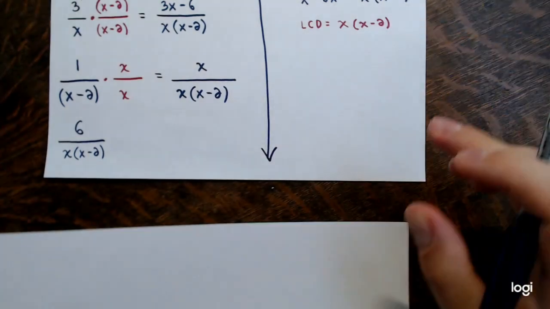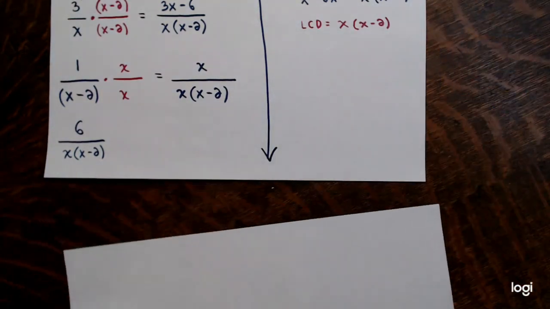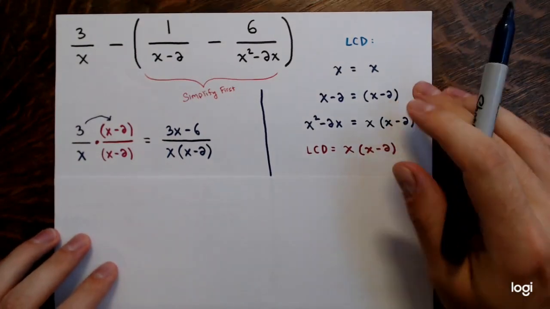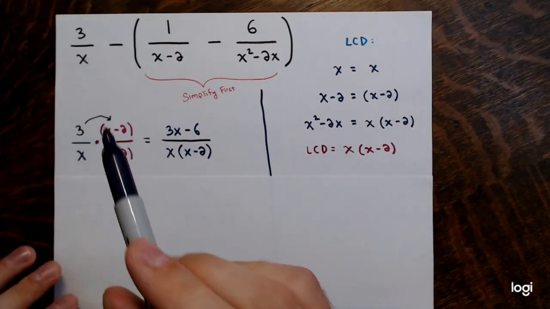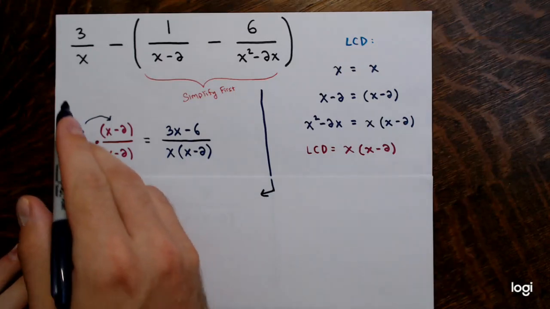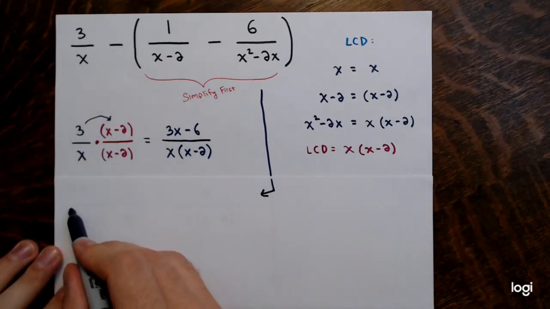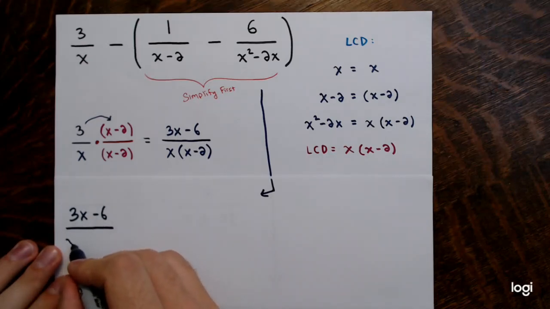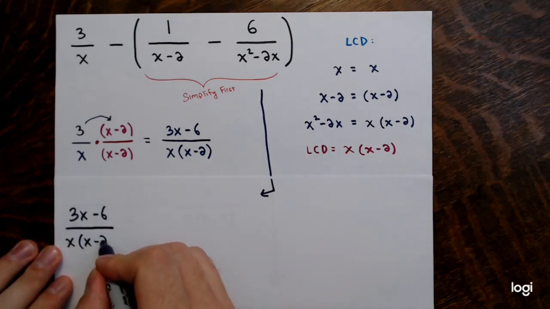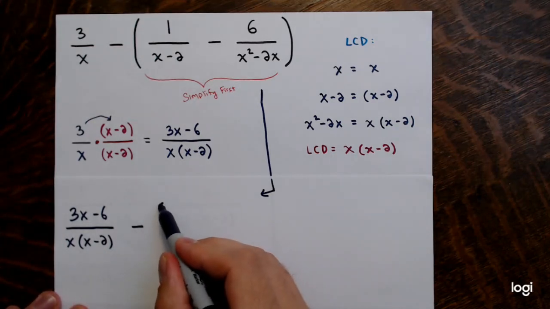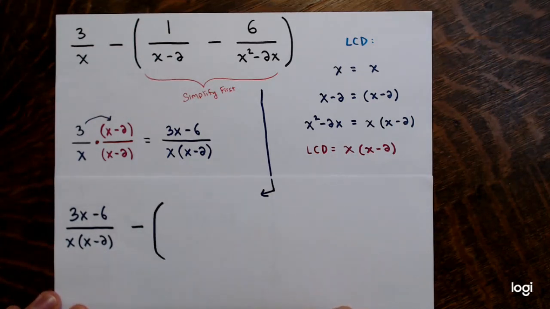Alright. So my first one was 3 over x. Right? Let's look back at the original. 3 over x. So 3 over x became 3x minus 6 over the LCD x times x minus 2. Minus, and then big set of parentheses here, brackets.